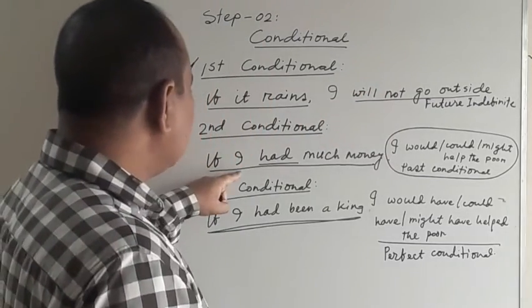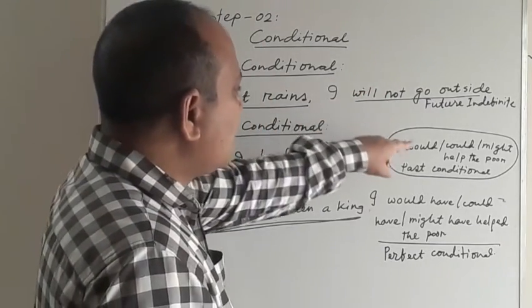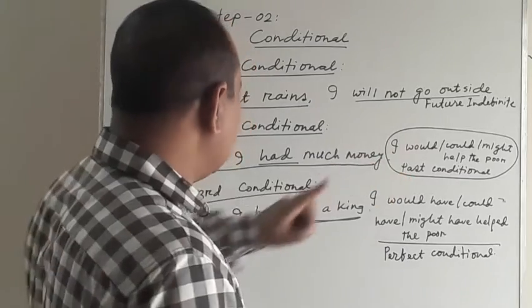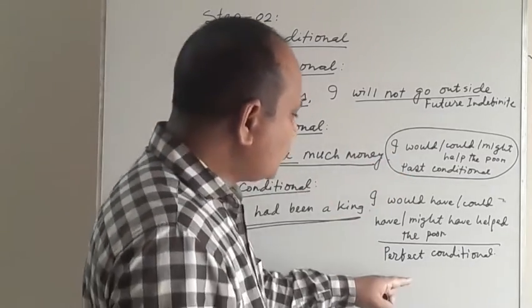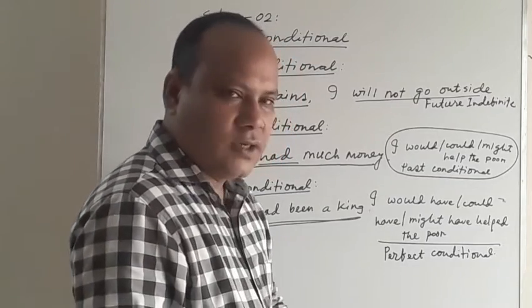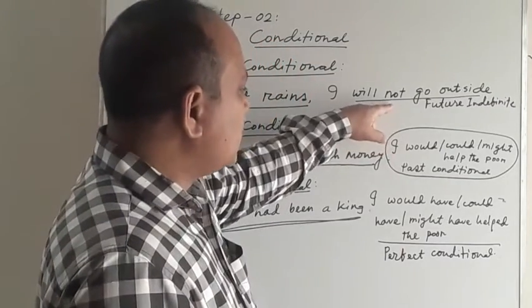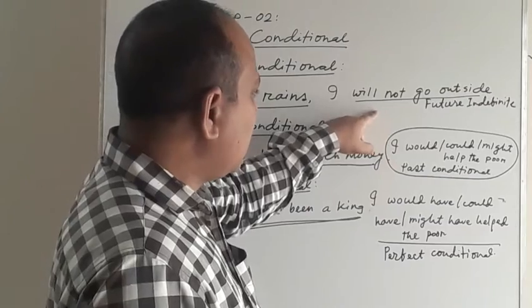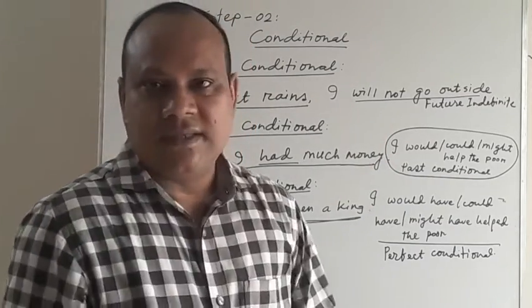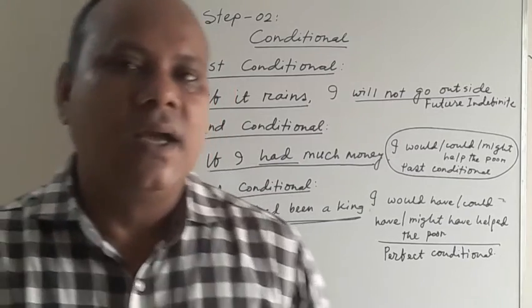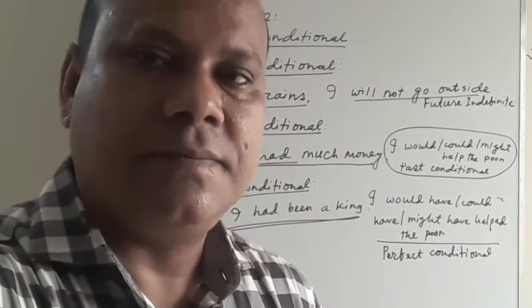If the if clause is in the past indefinite, the next portion would be past conditional. If the if clause is in the past perfect, the next portion would be perfect conditional. My dear students, look at the structure, and if you actually remember it, you will be able to complete sentences with conditional, my dear student.